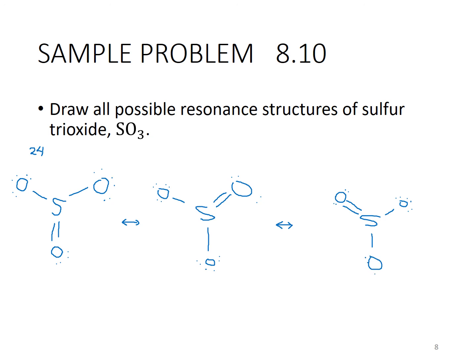All right, so here are the 3 different resonance structures associated with SO3. And we'll find in the future, using this example, how there's an even better resonance structure than this once we learn some more about exceptions to the octet rule.